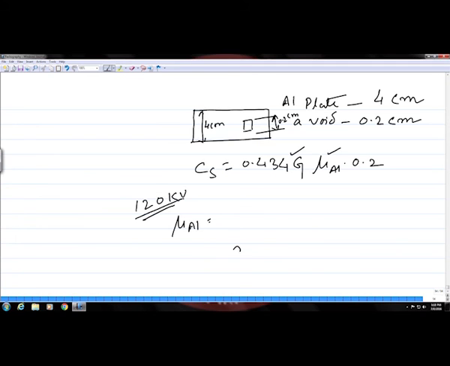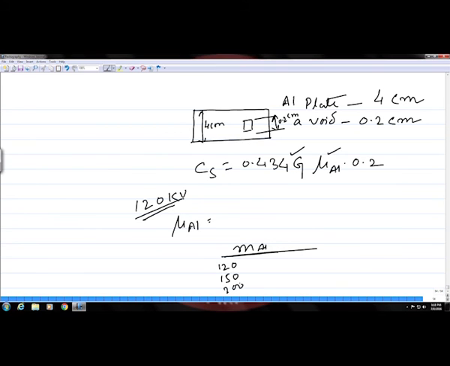So, tables are actually available for the mass absorption coefficient rather than the linear absorption coefficient. So, for different voltages the mass absorption coefficient for a particular material can be obtained from this kind of available data.